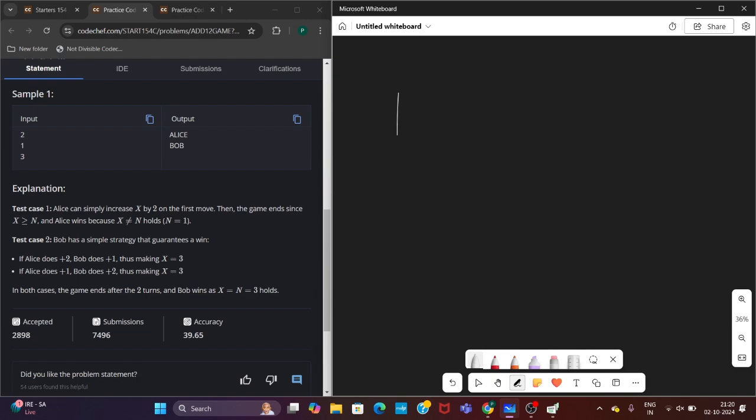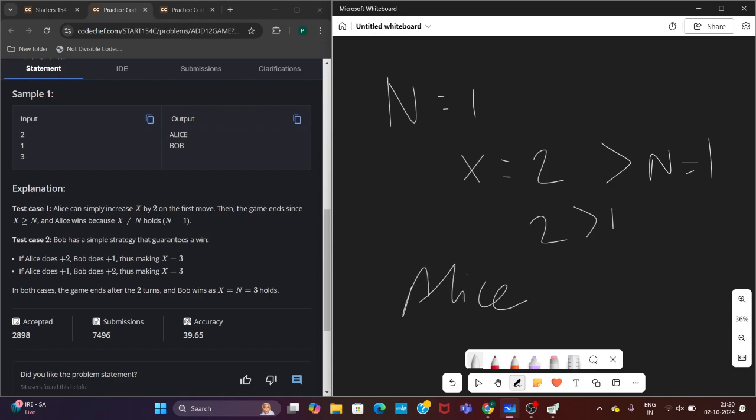Our target is n, so we have to make x greater than or equal to n. Here n is 1, so we check in which way x can be increased. In the first move only, Alice will increase x by 2, so x is 2, which is greater than or equal to 1. So in this case Alice wins.